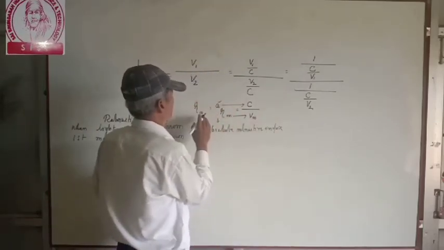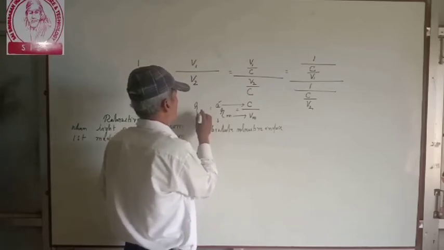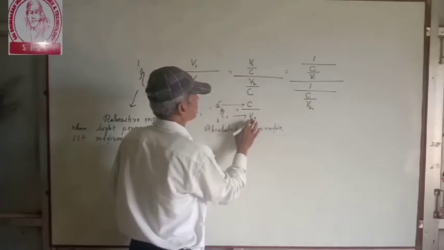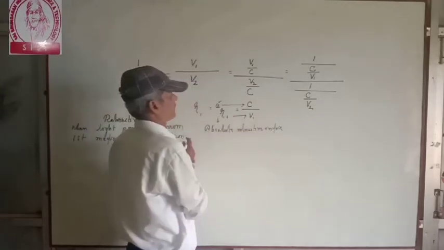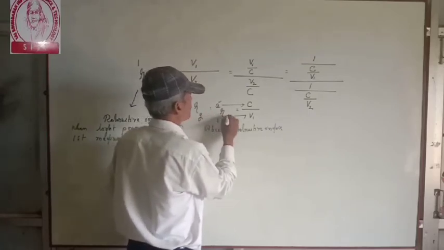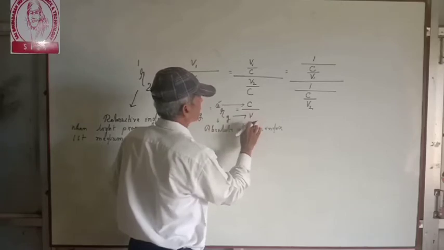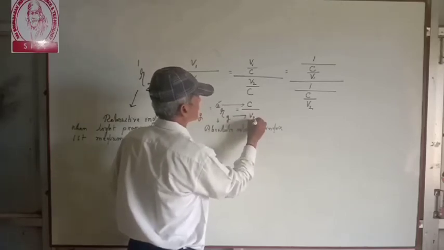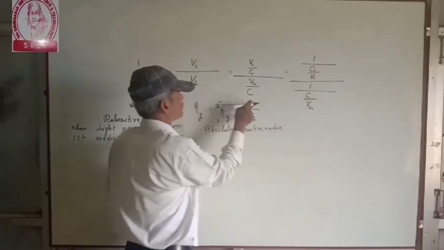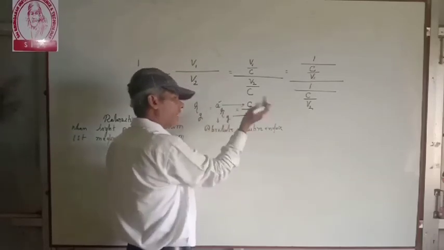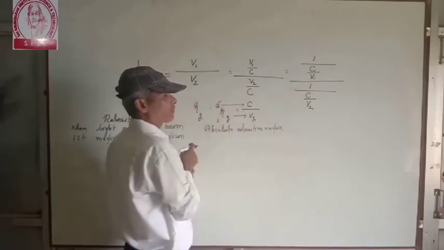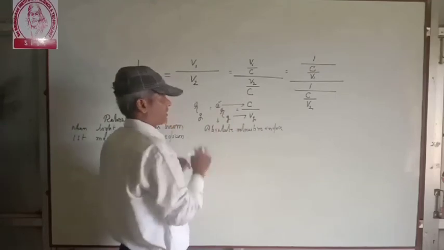Here I am writing G, that means air to glass: velocity in air by velocity in glass of light.